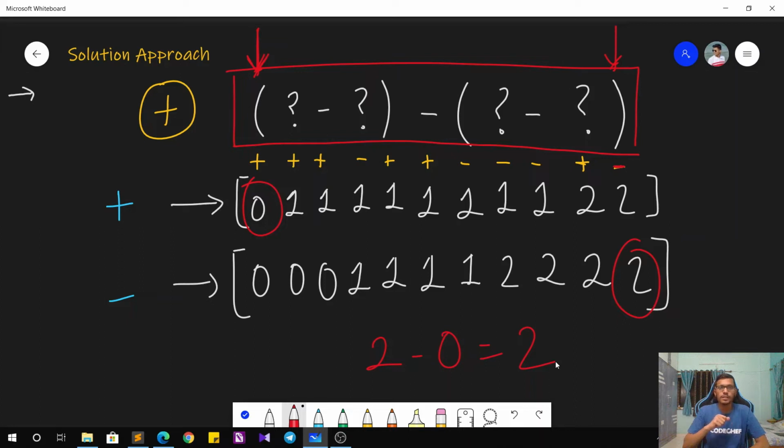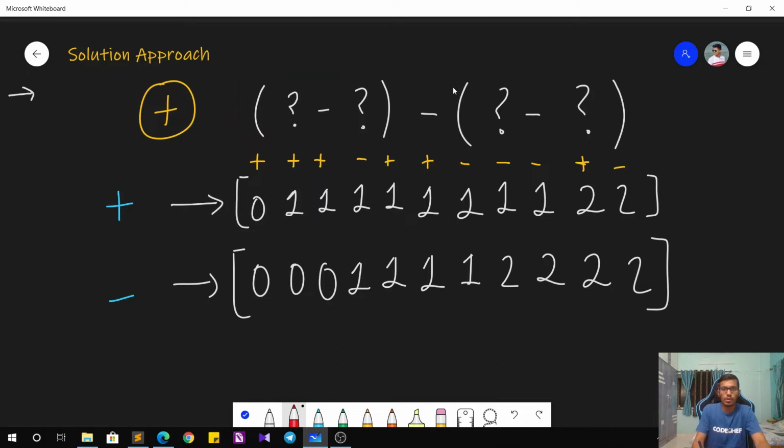This is for the whole string, but remember, we will not always be given the extreme indices. We can also be given some substring in between, with the condition that it should be a valid substring. For example, the substring can be only this much. What if the substring given is only this much?